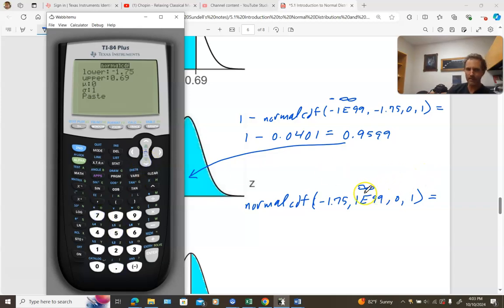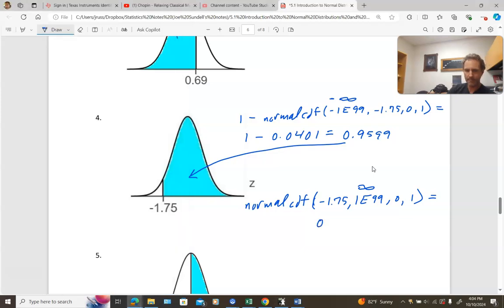And our upper bound is now positive 1e to the 99th power. Okay, and then these parameters are going to be the same. So hit enter, and look, we get the same thing, 0.9599. Okay, or in other words, about 95.99%.